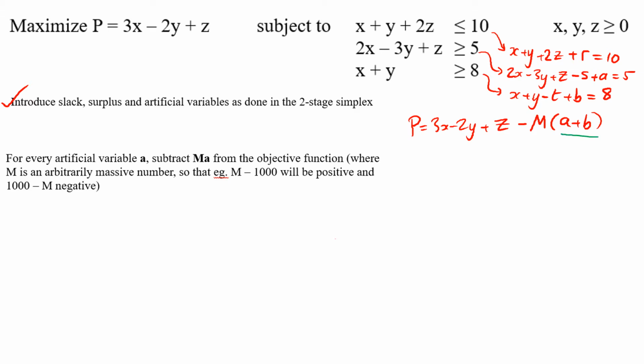Because if it's any other value, the M will dominate, and as it's being subtracted, it'll make it incredibly negative. So when we maximize, we'll get a plus b to be 0 because M is so big. That's the theory.